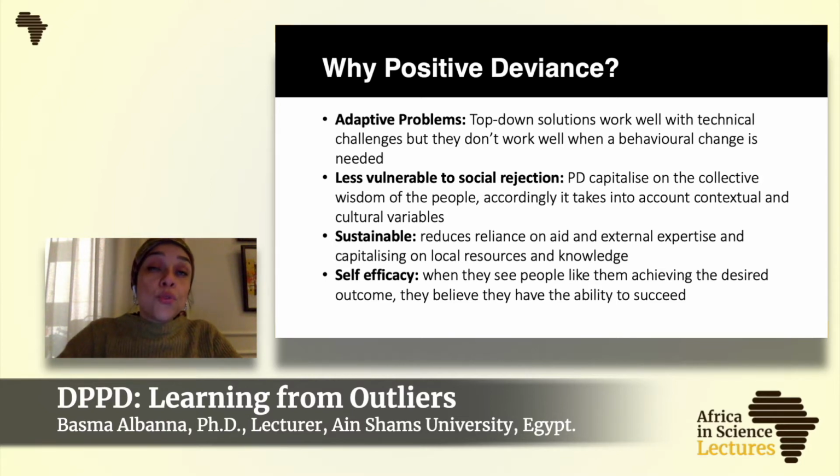When it comes to sustainability, since it relies on local resources and knowledge, it reduces the reliance on aid and external expertise, which makes it more sustainable than traditional approaches. And finally, when people see people like them achieving the desired outcome, they believe they have the ability to succeed, something that we refer to as self-efficacy.